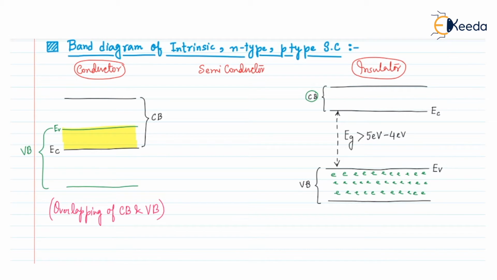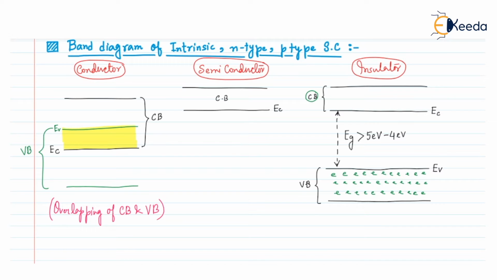Now let us discuss a semiconductor material. For a semiconductor material, the band diagram will look like this. There will be a conduction band, and this is the EC energy.